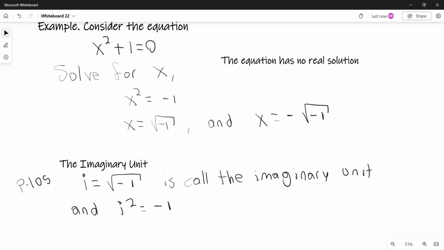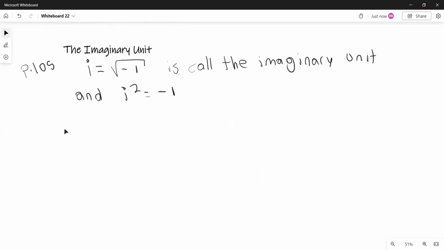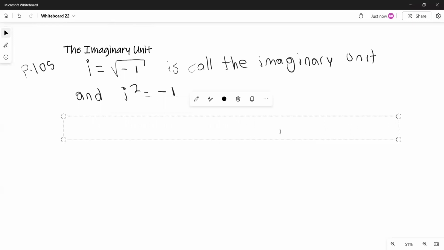So with the imaginary unit, we can define a complex number. If a and b are real numbers, then the number a plus bi is called a complex number in standard form.